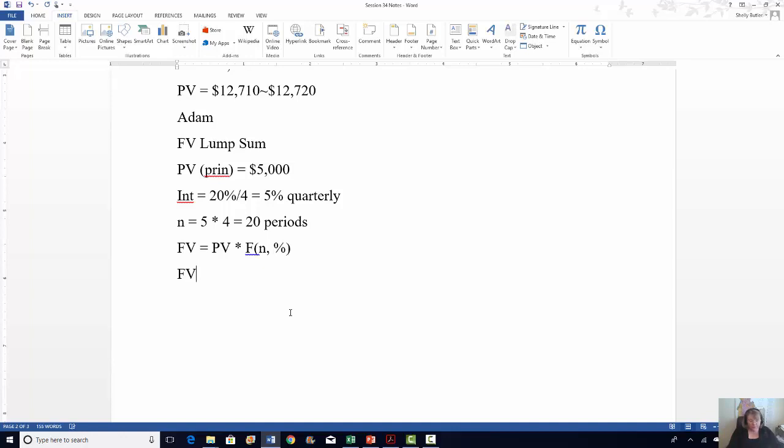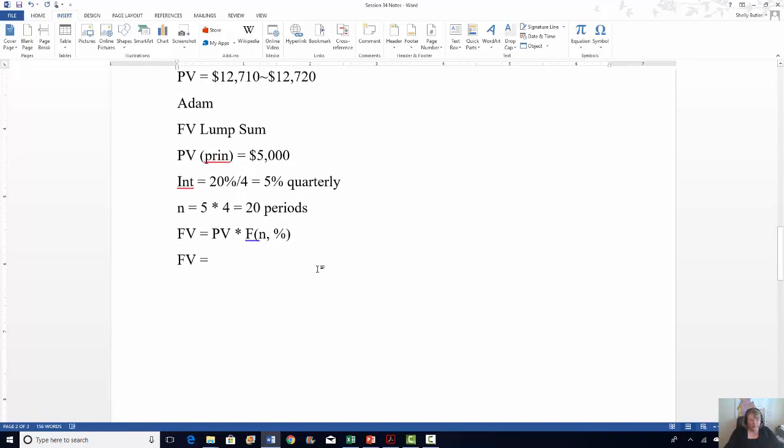So we did the present value on the first one. Future value, the present value is $5,000 multiplied by 20 periods at 5%.